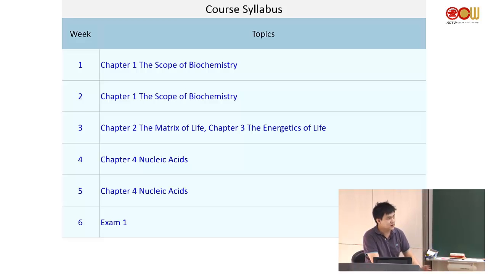So the first third of the class will be focused on very general stuff, things like the scope of biochemistry. Primarily here, we're also going to be talking a lot about instruments that we use in biochemistry.